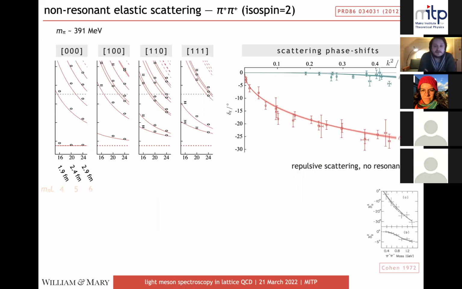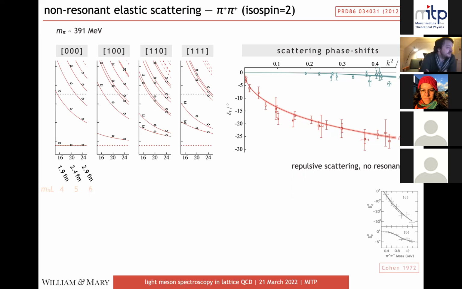Here is the system of 2 pions in isospin 2. And on the left here, you see the little black dots are discrete energy levels computed on 3 different lattice volumes in a lattice QCD calculation where the light quark mass is chosen so that the pion is about 400 MeV. And so you see these spectra in the rest frame and several moving frames.